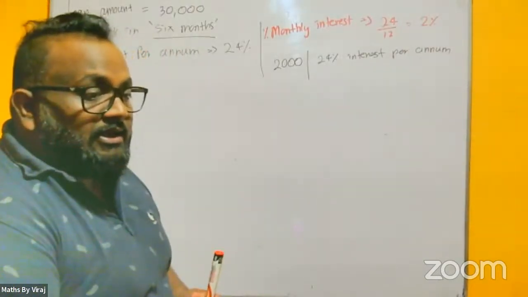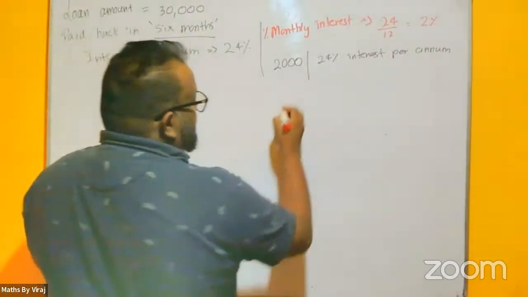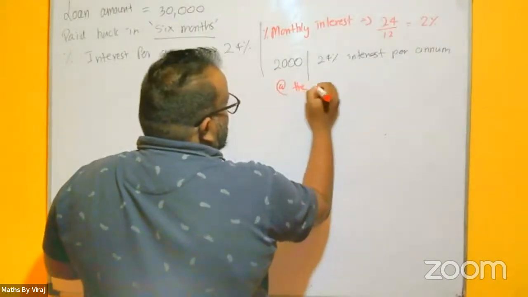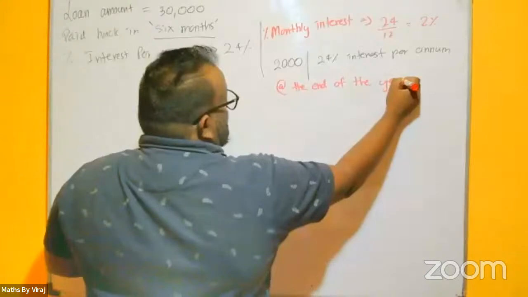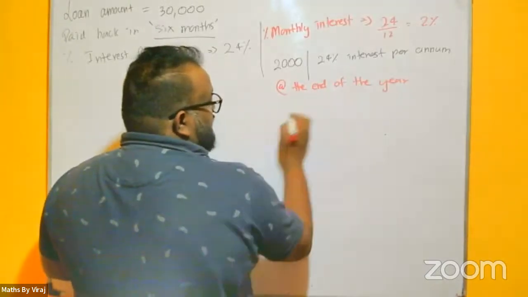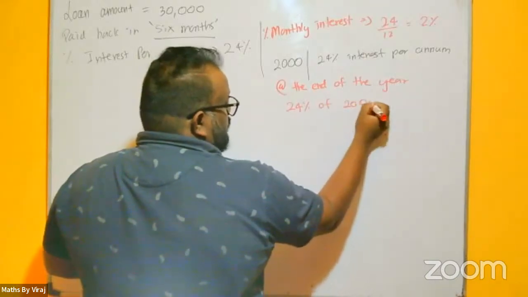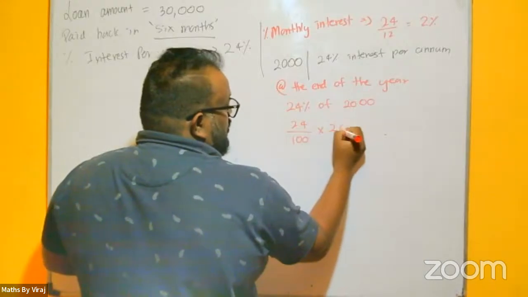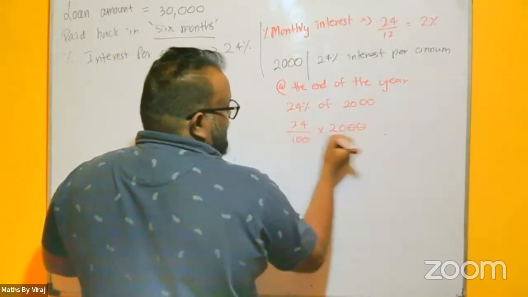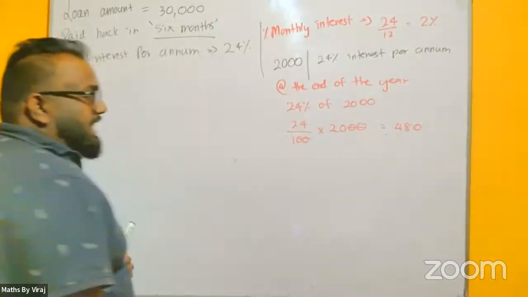What is the total interest that I'm going to get at the end of the year? 24% of 2,000. 24 over 100 into 2,000. What is that now? 480.